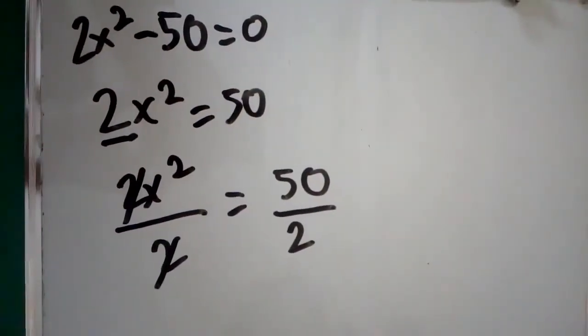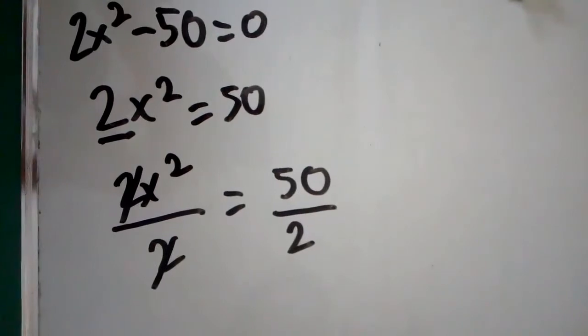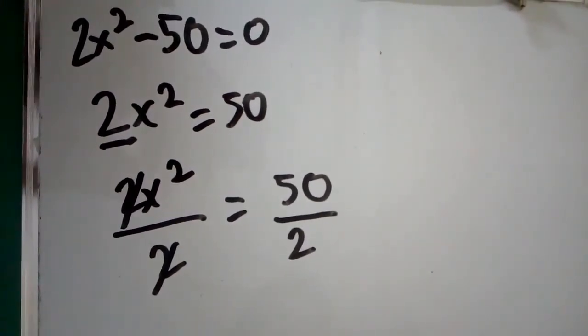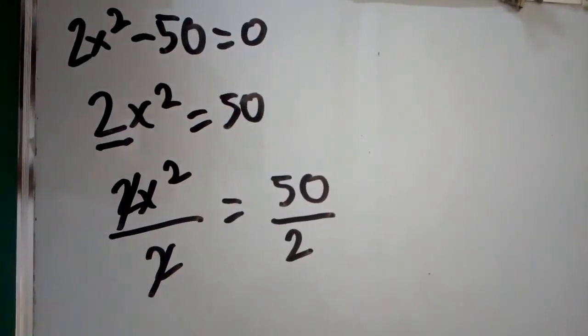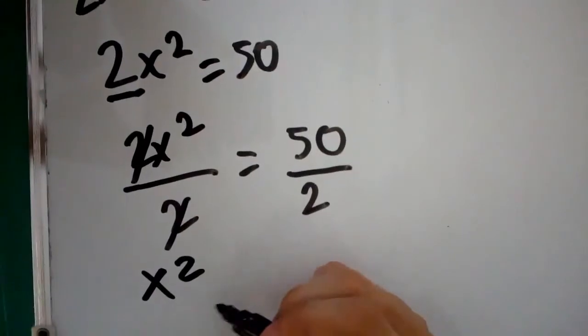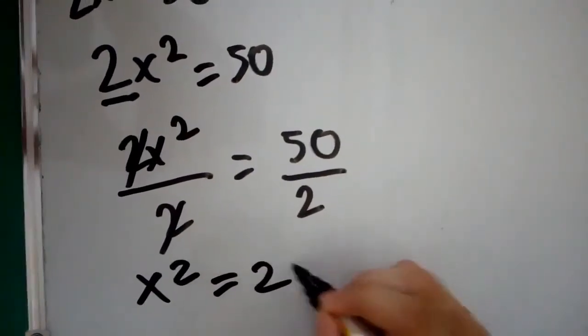Because 2 divided by 2 is 1, and therefore we have x squared equals 50 divided by 2, which equals 25. So x squared equals 25.